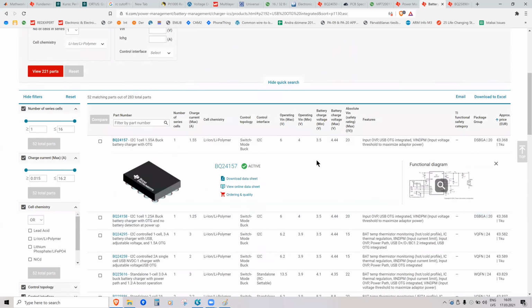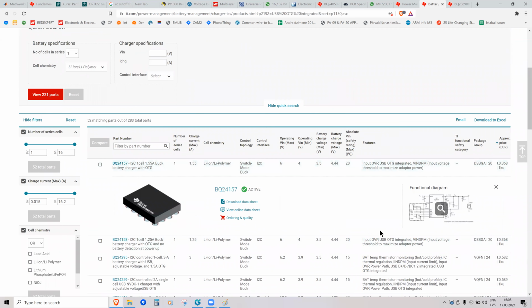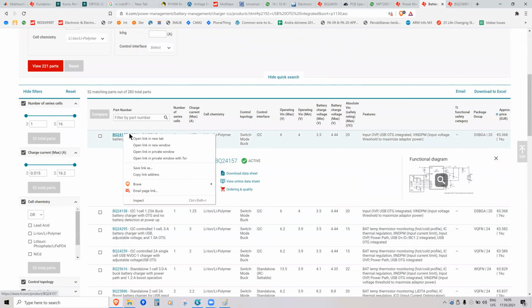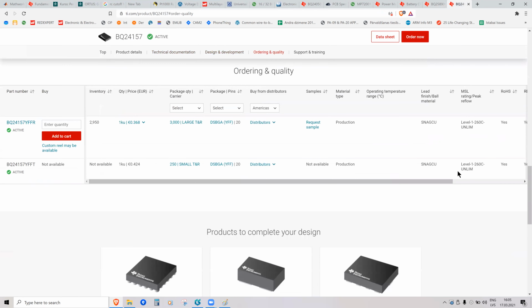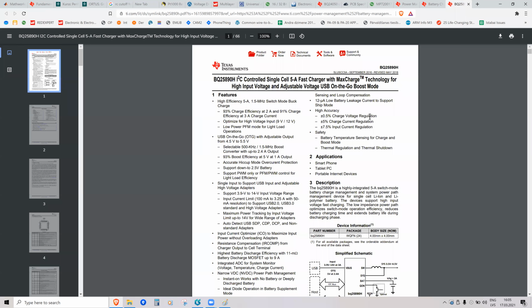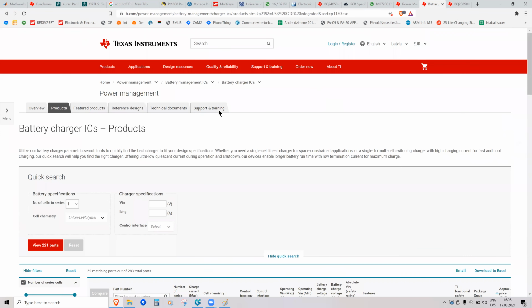I would just find the chip that I need here. Also from Texas Instruments, once you found the chip, you can click order now, check out the inventory, and buy it from here. Shipping is just 6 euros plus maybe value added tax. So I would just find it here on the Texas Instruments homepage.